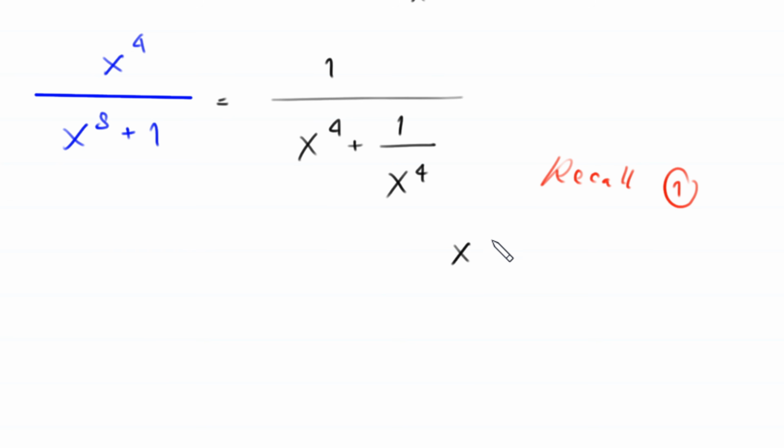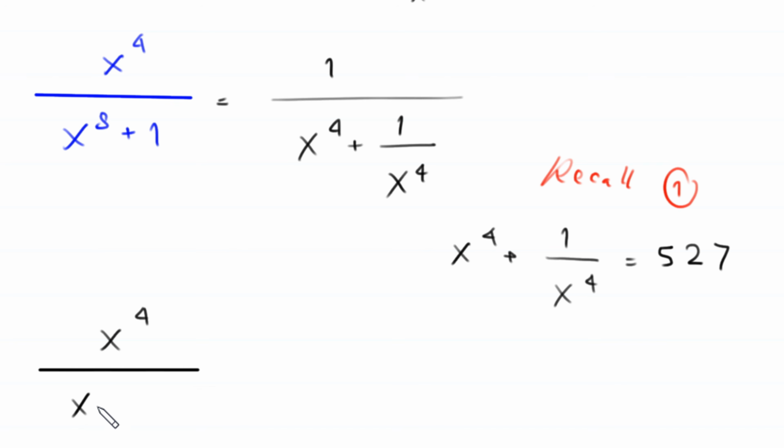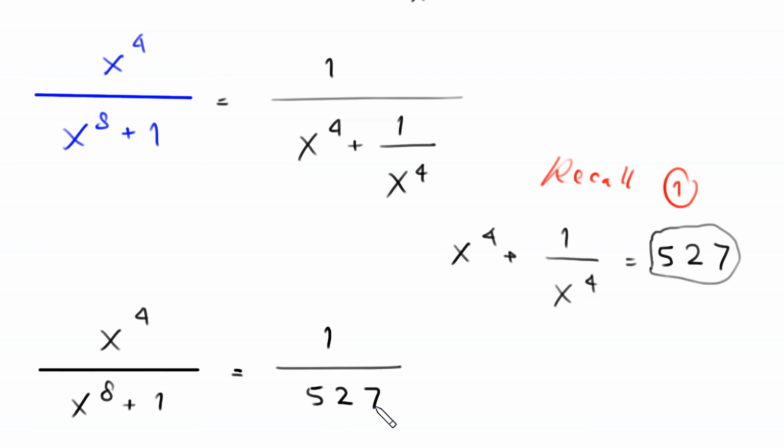It means that the required expression, x to the power 4 divided by x to the power 8 plus 1, is equal to 1 divided by, in place of this expression we write this value 527. So this is the value of the required expression. This is the final answer of this problem.